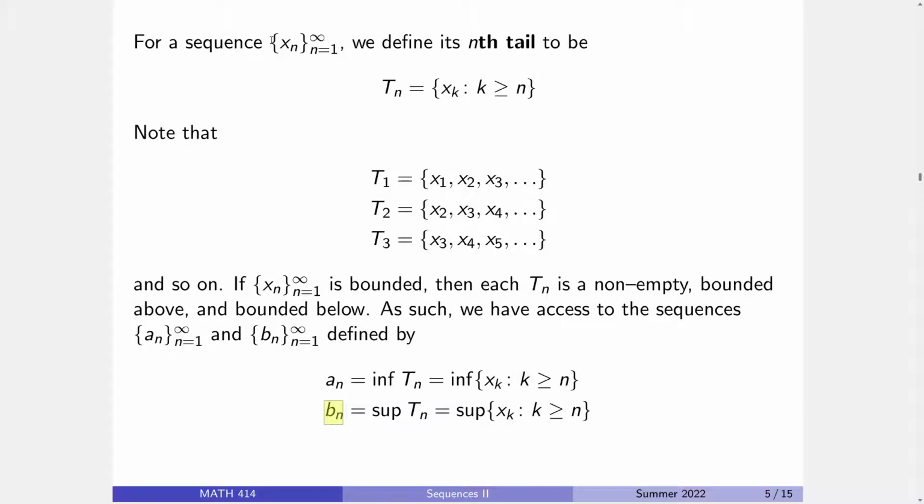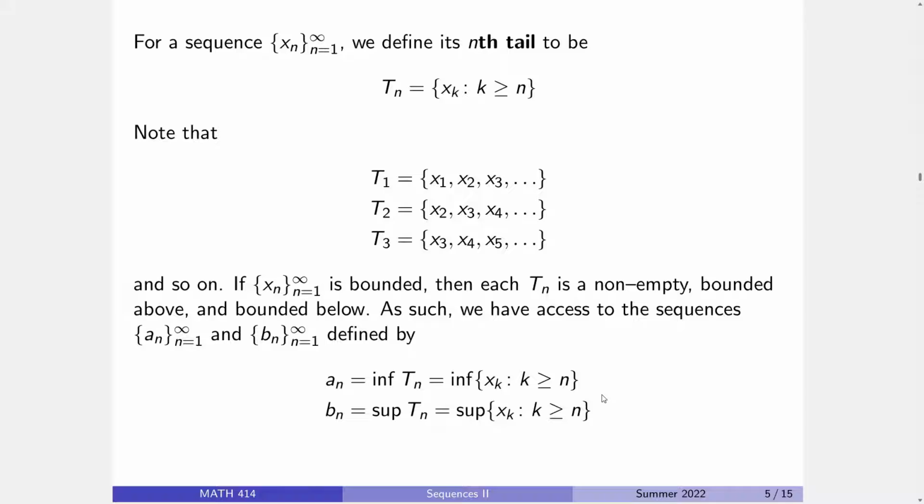But anyway, given a sequence, we can create its nth tails, and if the sequence is bounded, then I can create these sequences of infimums and supremums. For the most part, we're going to abandon the T sub n notation that I introduced here. This was just mostly for effect, so you can get a view for it. I'm mostly going to write it just as it actually is. But if you want to use the T's, you can.